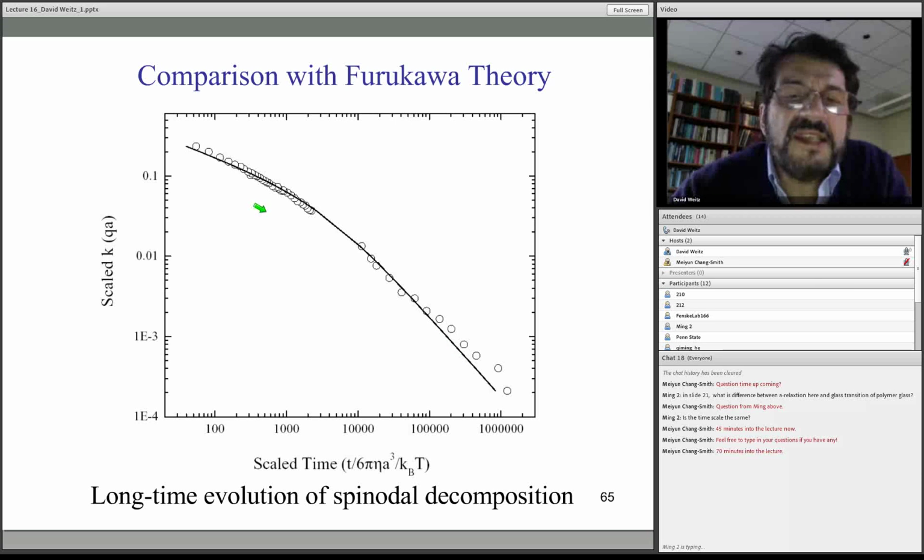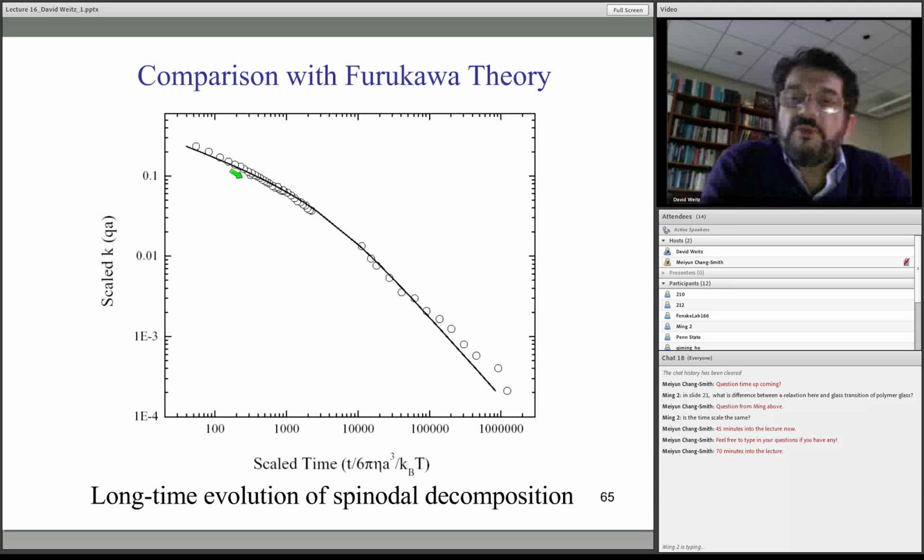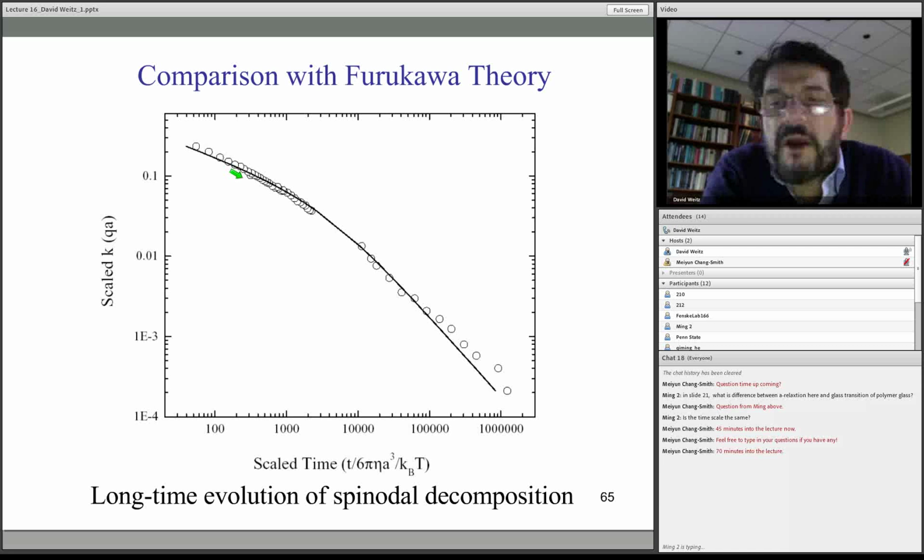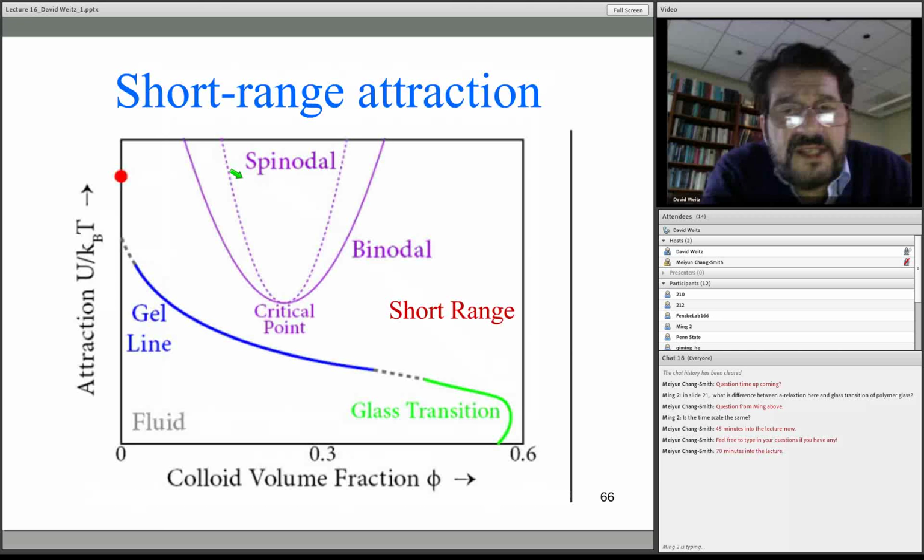But in this case, unlike the normal case of spinodal decomposition, which is done at a molecular scale, this is done at a colloidal scale, where the objects that are spinodal decomposing are much, much larger. They're colloidal particles rather than molecules. So this is just consistent with exactly what you would predict.